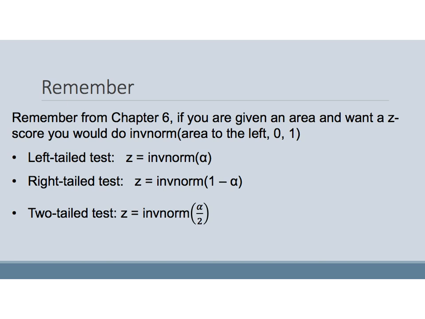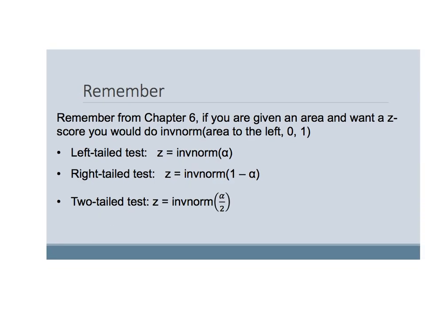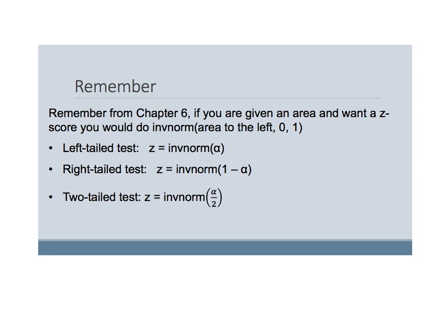Okay, two other things that you've got there in your notes. 8A goes back some to Chapter 6 and finding z-scores. And just so you relate that with your level of significance alpha, if you've got a left-tailed test and you want a z-score, you do inverse norm of alpha, 0, 1, because it's z-scores.